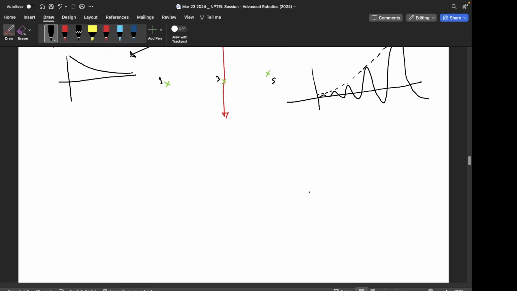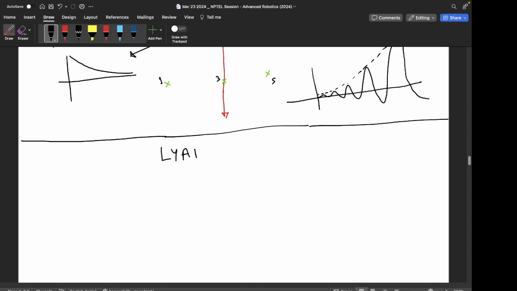Now we will go to a completely different approach, and a different paradigm for deciding the stability of systems, and that is the Lyapunov stability.